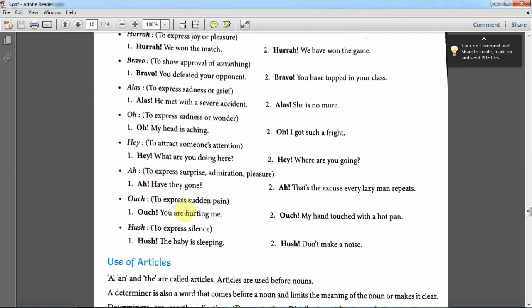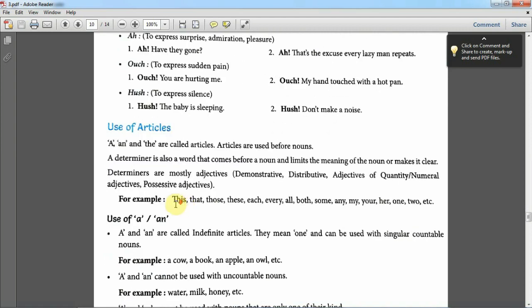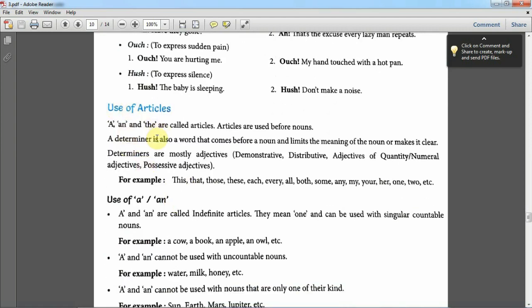You go through these examples. Okay. Then use of articles. There are three articles that are used: a, an, and the. These are known as articles, and articles are used before nouns. So a determiner is also a word that comes before a noun and limits the meaning of the noun or makes it clear.